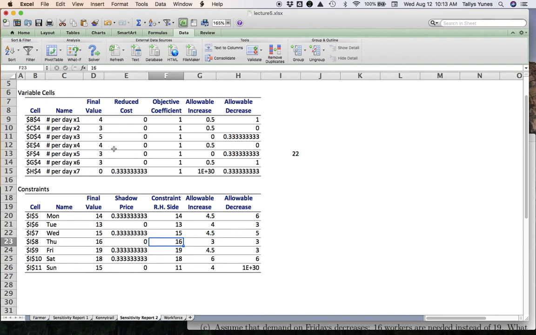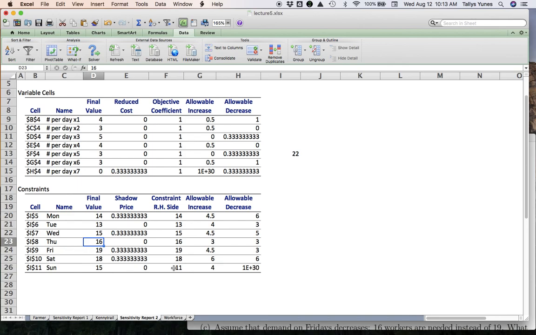However, the fact that the shadow price is 0 for an increase of 2 simply means that there is a way to reshuffle these same 22 workers so that I would end up with 18 scheduled workers on Thursday, while at the same time still fulfilling all of the requirements of the other 6 days of the week.